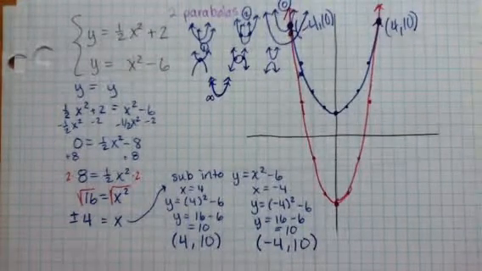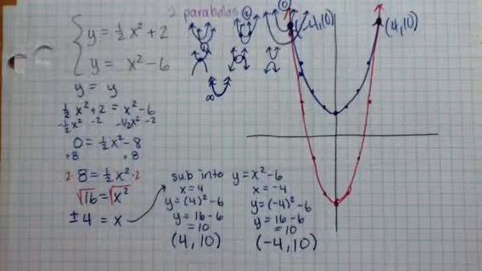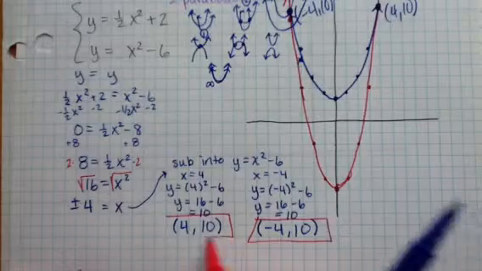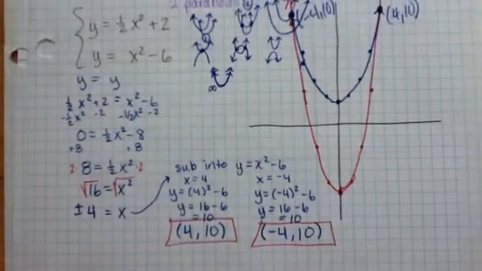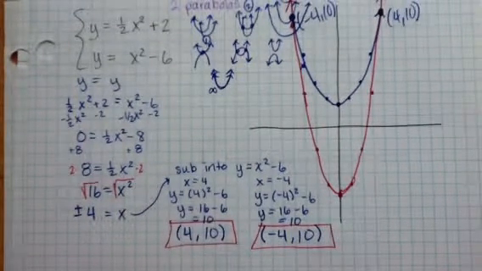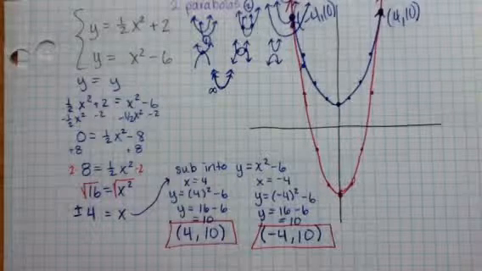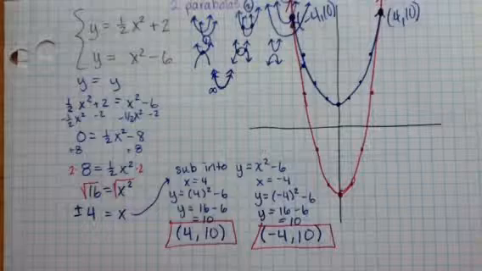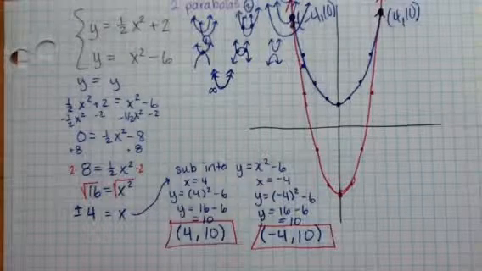Yay, so the graph and the algebra, again, are working together. So this system would have two solutions, two ordered pairs. Let's look at another system that has two parabolas.